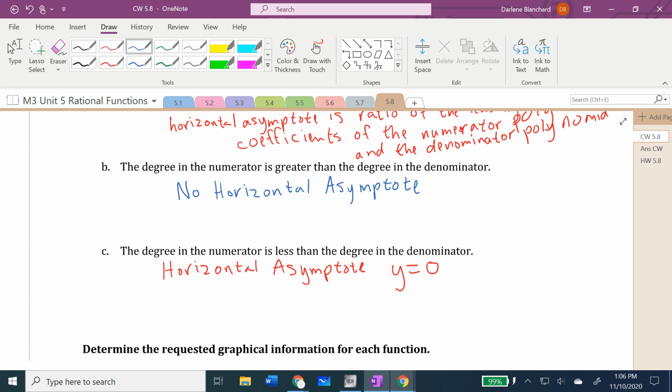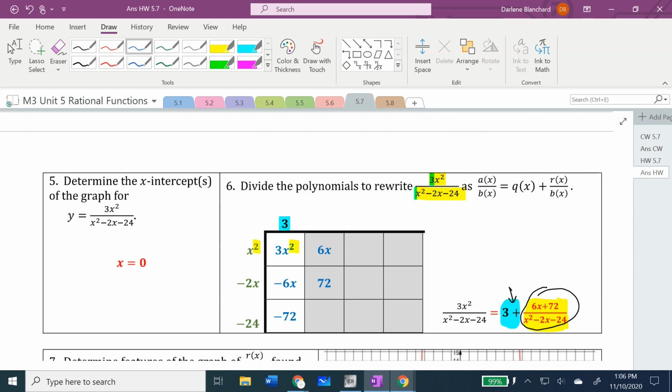And for rational functions, the thing that's holding it back is the remainder. Having a remainder causes this to not be just the line y equals 3, but it will follow it in the end. And that's what's really cool.